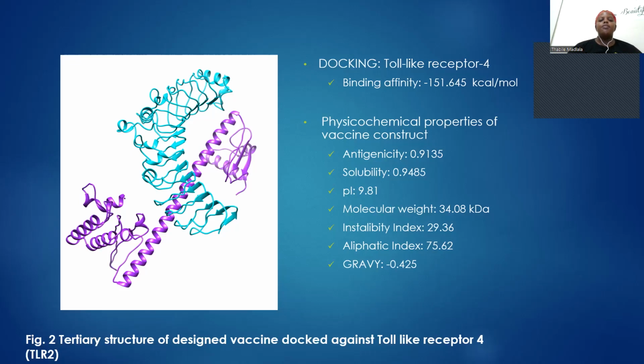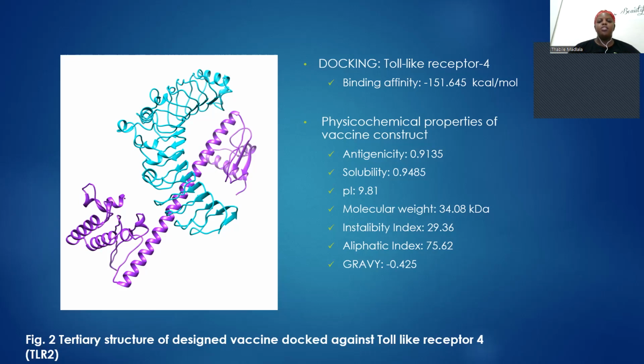The designed vaccine was further docked through the CHPC platform with toll-like receptor 4, where out of the 50 conformations that were obtained, the model selected had the lowest binding affinity of -151.645 kcal per mole.